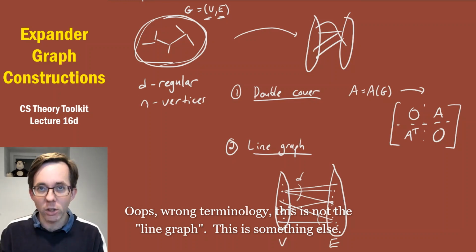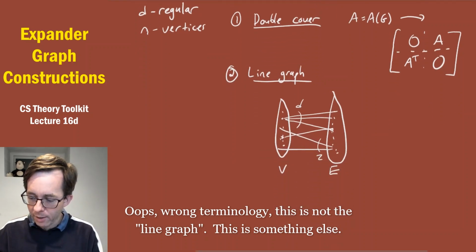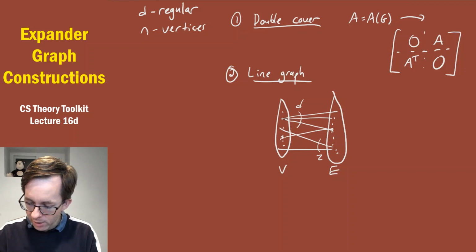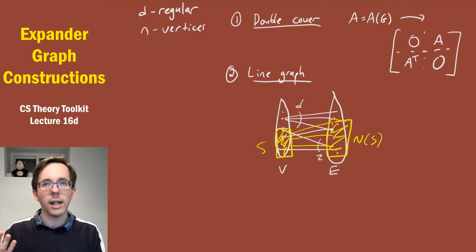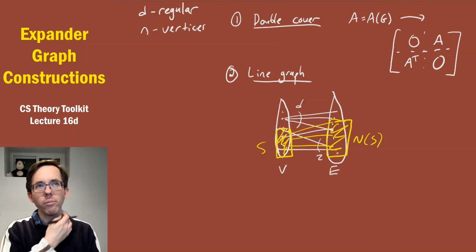The other aspect of the bait and switch was, in these bipartite graphs, we talked about vertex expansion, where for every set of vertices S here, if you look at its neighbors, the neighborhood of S, then N(S) had to have large cardinality whenever S was not too big.